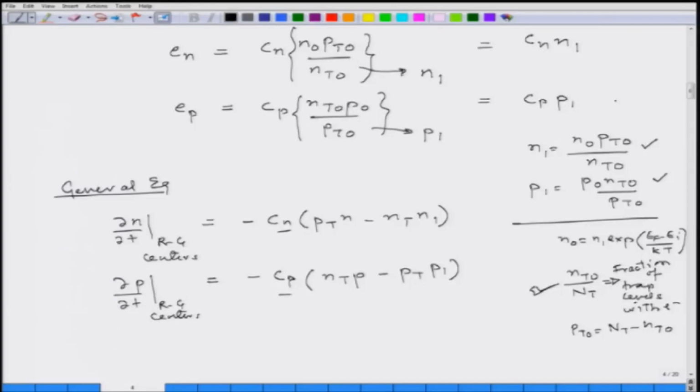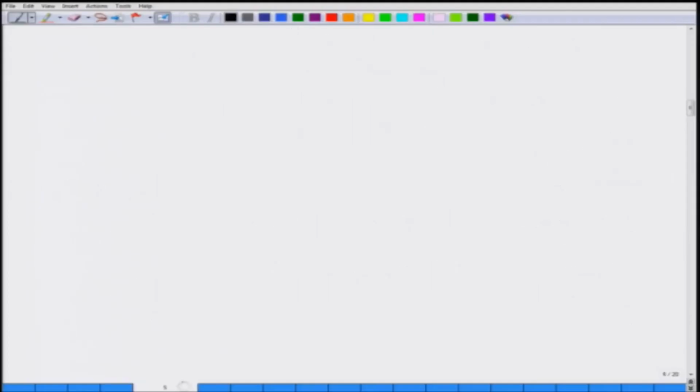Now, equilibrium state is good to get certain simplification here, but in general most of the devices, when we are looking at the RG center mechanism, we are finding that most devices operate in the steady state condition. So, the steady state condition provides an interesting simplification of the RG mechanisms, and that is why we would like to spend some time to figure out what happened to the RG center mechanism in the steady states.